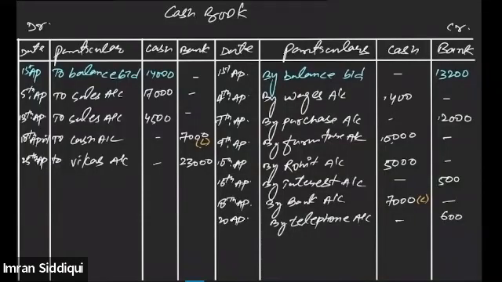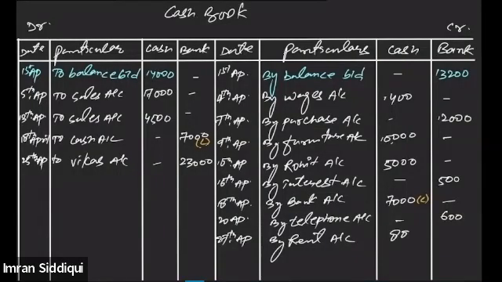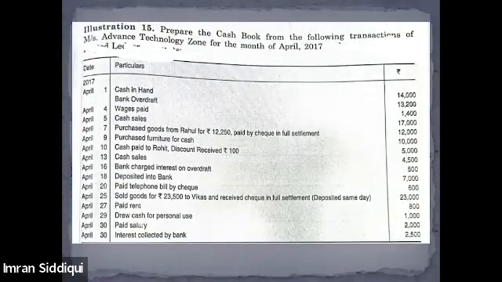Then on 27th of April, paid rent. 27th of April by rent account. Okay. And since nothing is given, so we'll presume that it has been paid through cash. And drew cash for personal use. Okay.